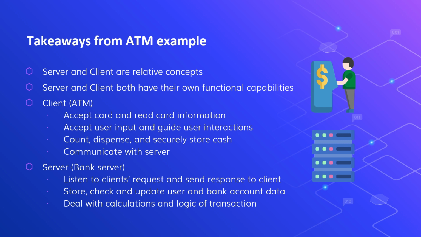The server in the bank listens to the client's request and sends a response to the correct client, and it stores, checks, and updates user and bank account data, right? It works with the data, and also deals with the calculations and the logic of all the transactions.